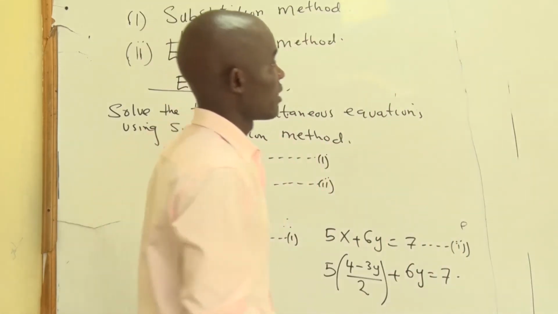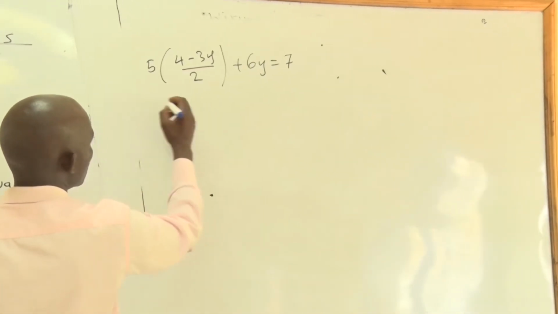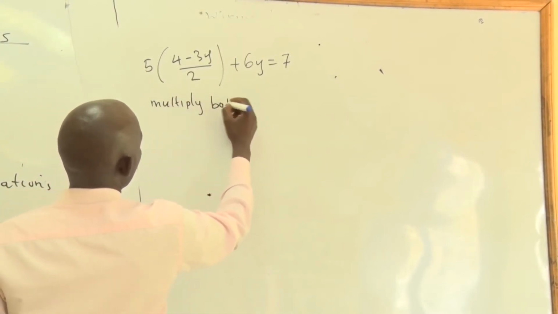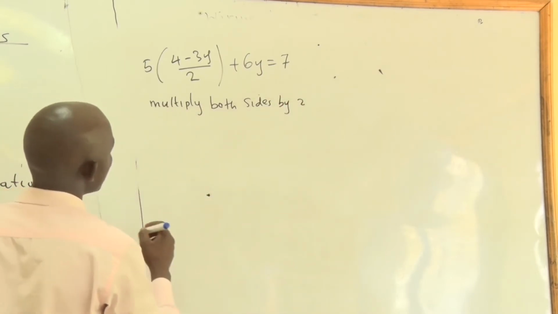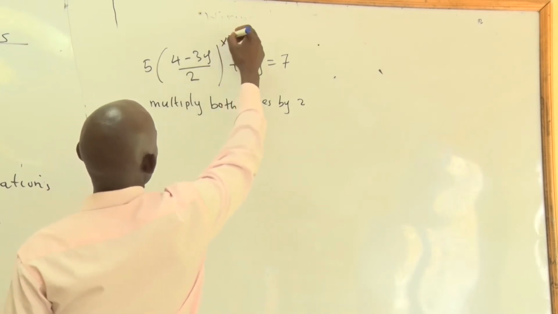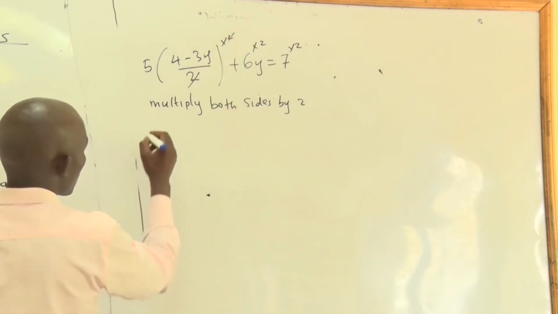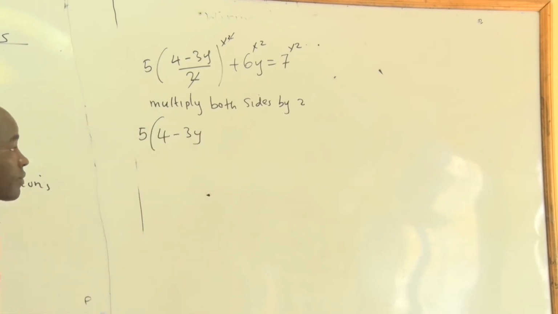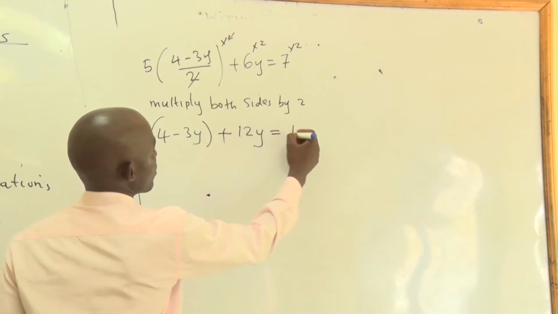After you get this, for you to eliminate this fraction, you multiply both sides by 2. If you multiply by 2 here, these 2 and these 2 will cancel, so that you remain with 5 into 4 minus 3y plus 6 times 2, you will get 12y is equal to 14.